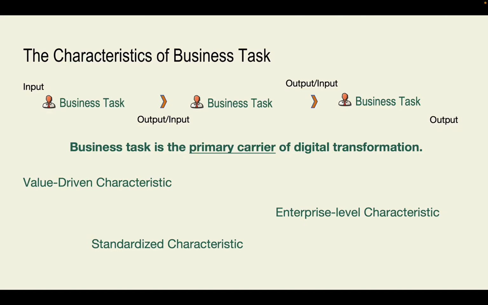Therefore, the business task is a key element in digital transformation. A business activity is composed of business tasks, and the business task is characterized by being value driven, enterprise level, and standardized.